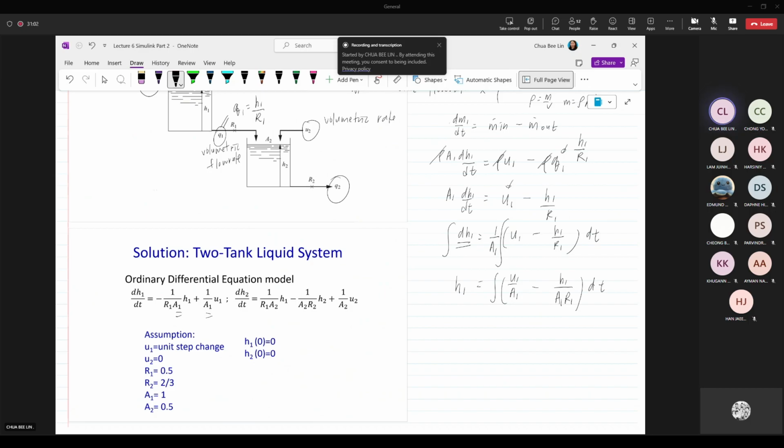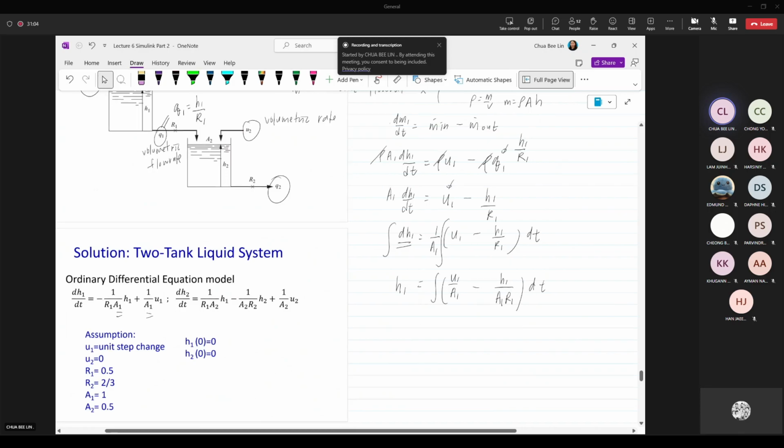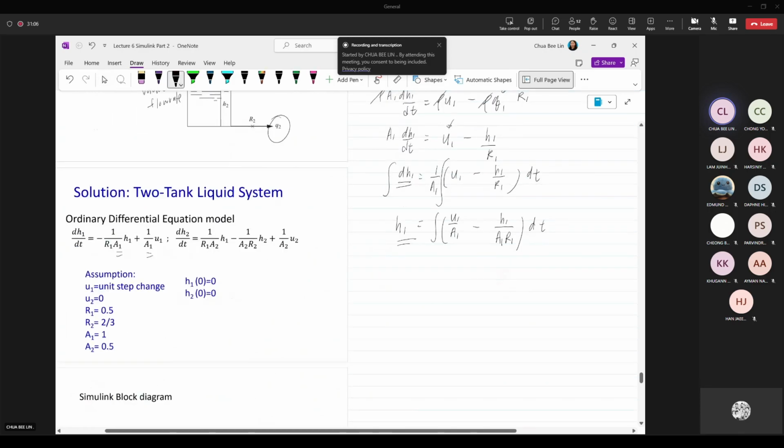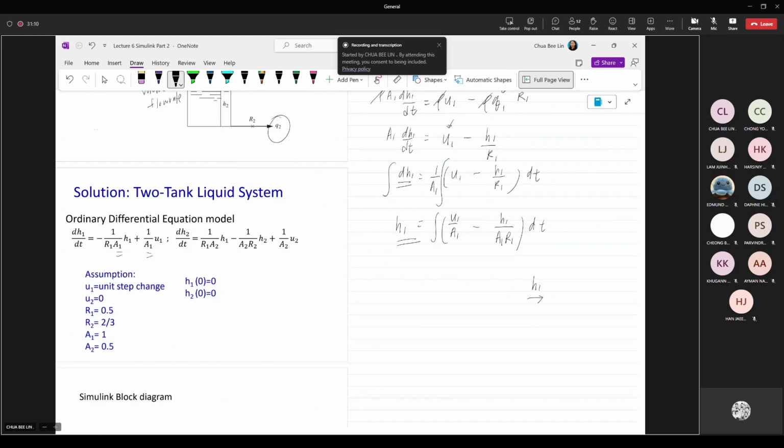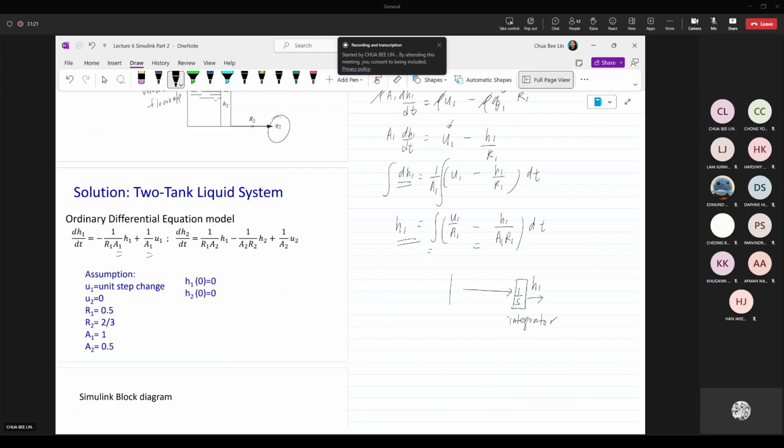So for this tank 1, you already can sketch the diagram. You start from here. Here is your H1. Then you have the integrator, 1 over S, and you should label this one integrator. Then you're having the sum block, plus and minus, and this is just like your 1 over A1 gain, then multiplied with the U1.